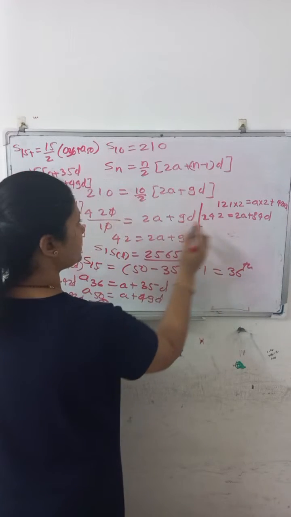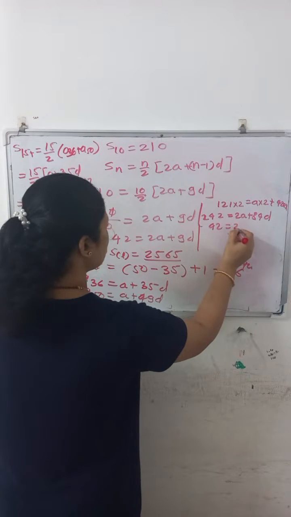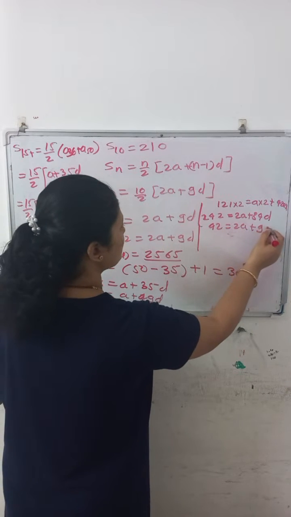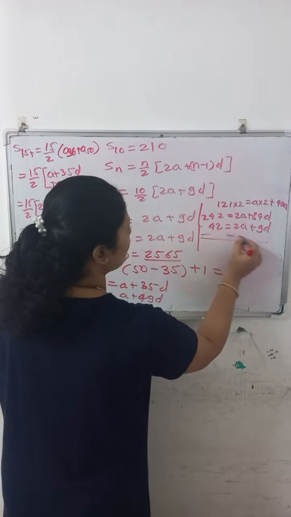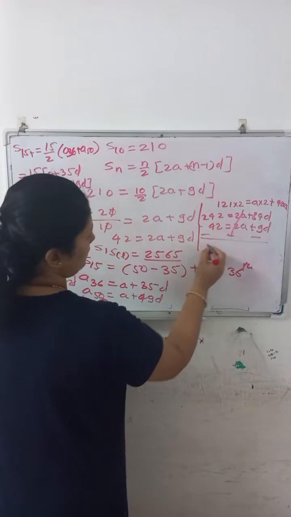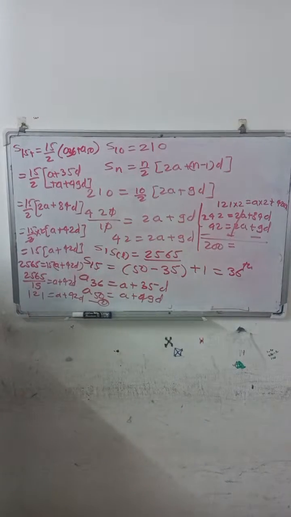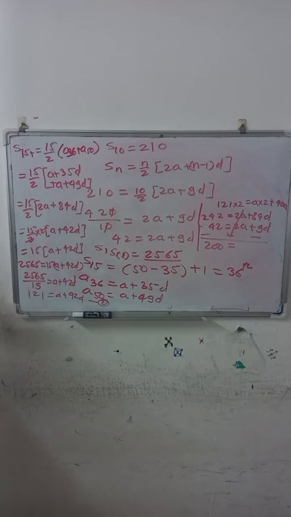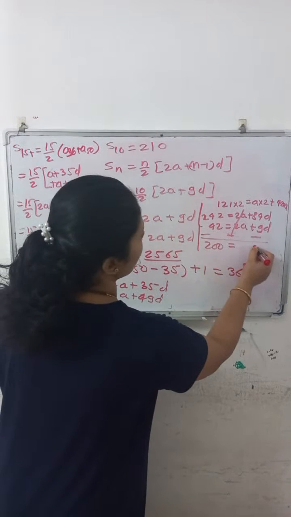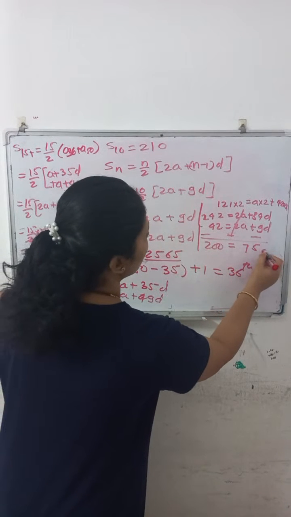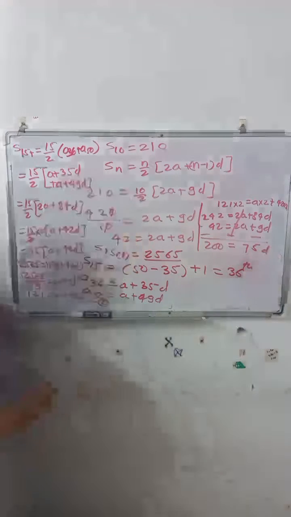And in the first equation I have 42 is equal to 2A plus 9D. Now subtract it. So here you will get 200, and 84 minus 9 is nothing but how much? 75D. Okay, now find out the answer.